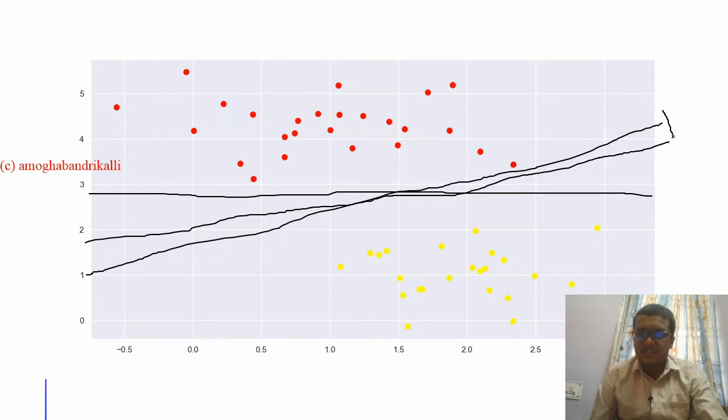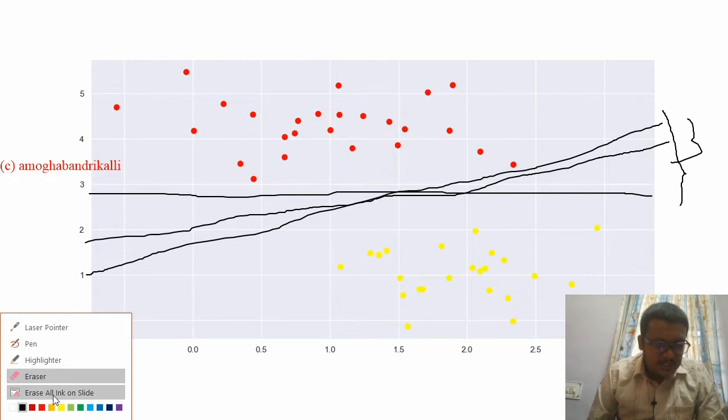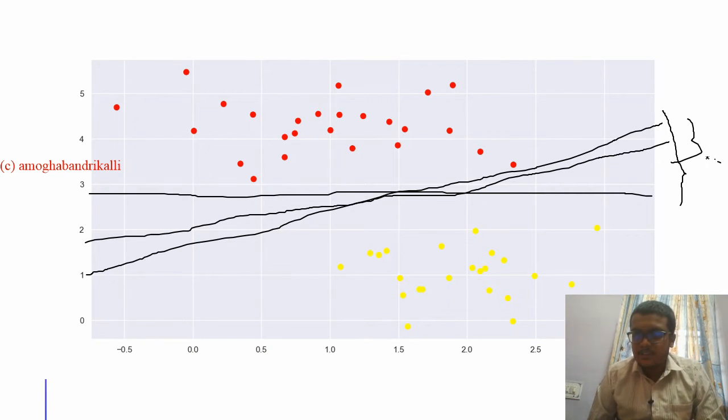So all these three lines are considerably distinguishing the points.